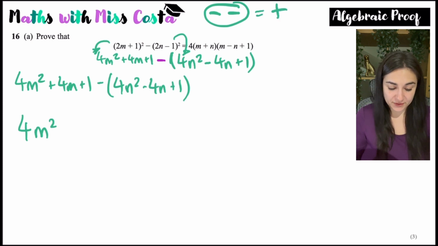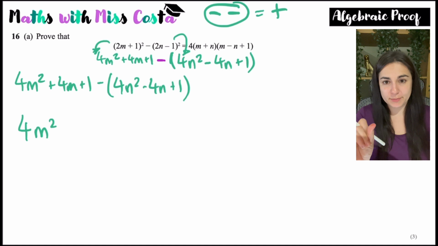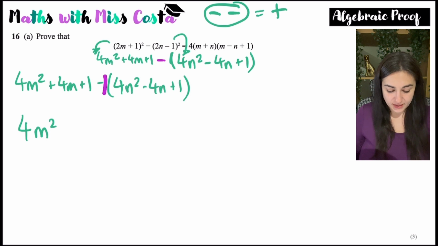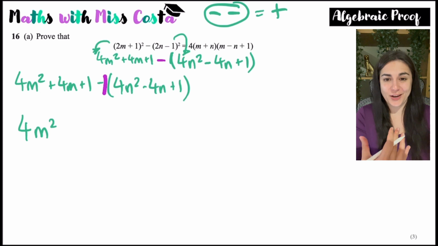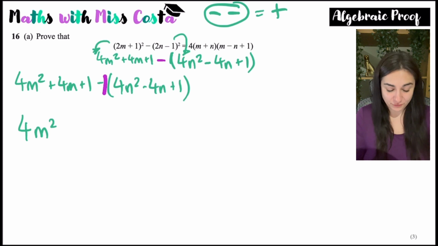If that confuses you slightly, then whenever you've got a full expression, you're subtracting a collection of terms and not just subtracting one term. Just put a bracket over it and put a negative 1, because you're subtracting the negative version of it. So it's the same as having negative 1 in front of the bracket.